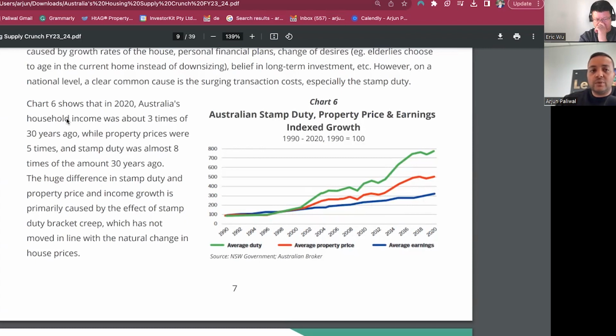So, for example, in 2020, household income was about 3 times what it was 30 years ago. Property prices were about 5 times 30 years ago. But here's the kicker: stamp duty is now 8 times more than 30 years ago. So Australia's not a good country for flipping property. It's just not. You look at other countries in the world, you can see transactions a bit more. We're not good for flipping. And so people tend to hold it for longer, which the government is naturally causing with stamp duty.